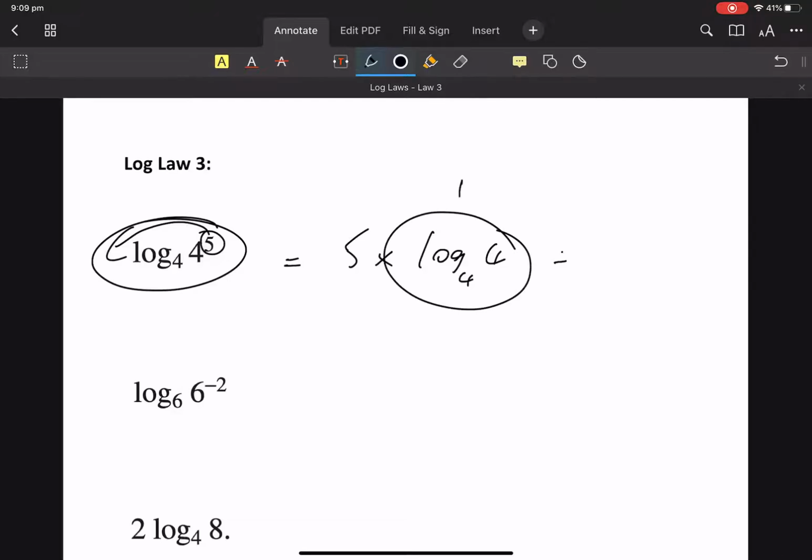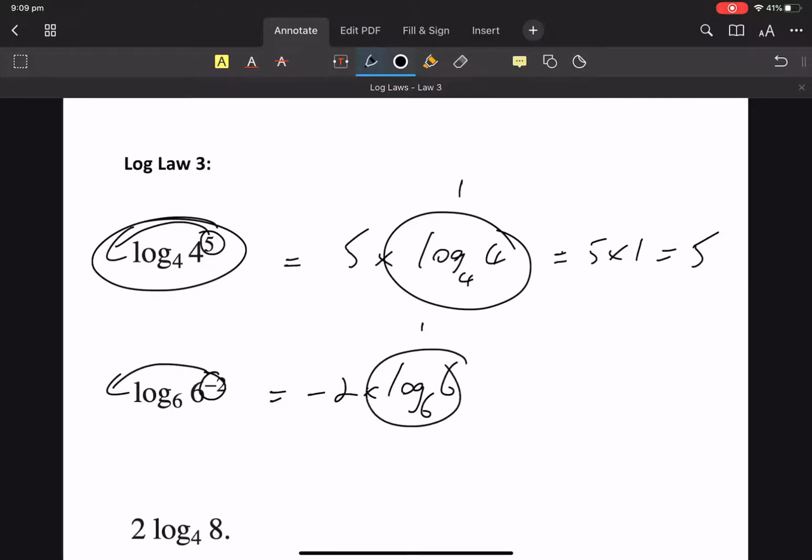That is 1. 5 times 1, so I get 5. See this thing here? I can take the negative 2 and take it down. That is 1. So I can get an answer.